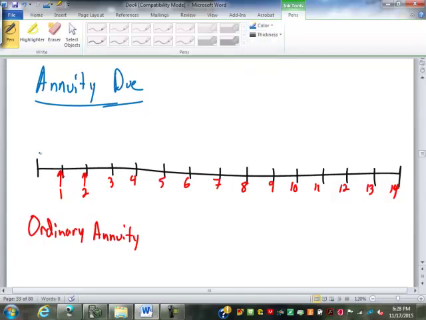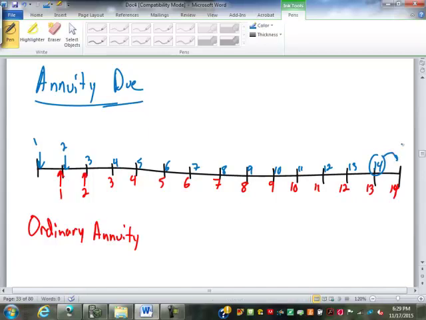On an annuity due, however, the payments are made at the very beginning of each period. So you can see that 14th period payment, or last payment, is made with one period left, so it gets to draw interest for one period.